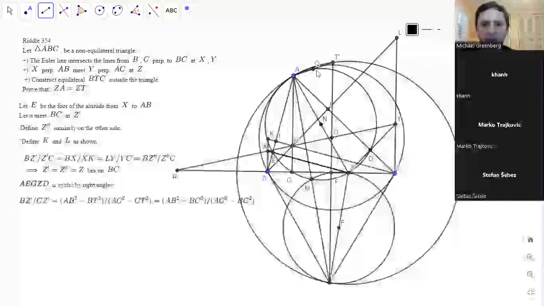Then TB squared minus TA squared equals TC squared minus CA squared, so this ratio would be 1. Oh, and they would intersect at the point at infinity. I see.